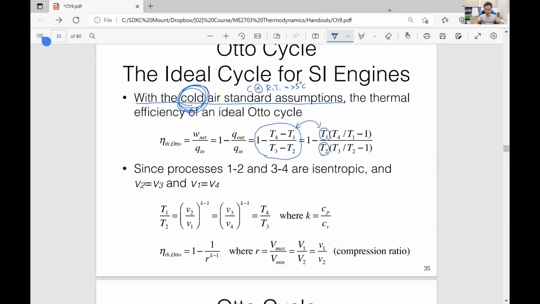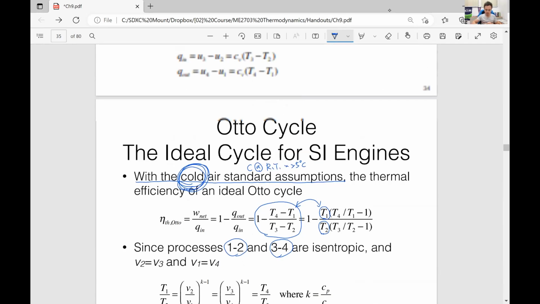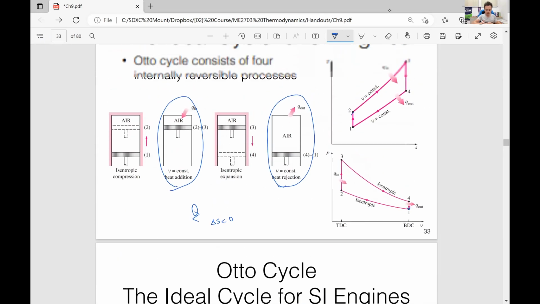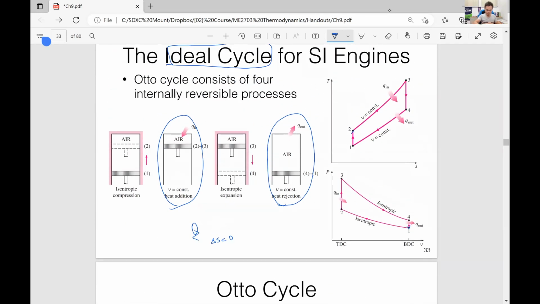Then, all right, for process 1 to 2 and 3 to 4. So 1 to 2 is an isentropic compression. 3 to 4 is an isentropic expansion.